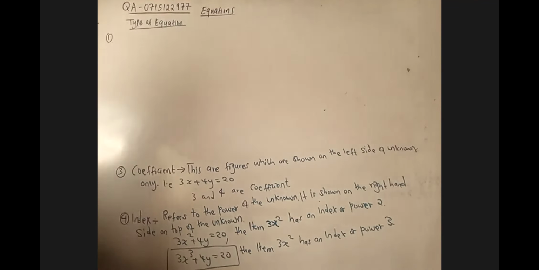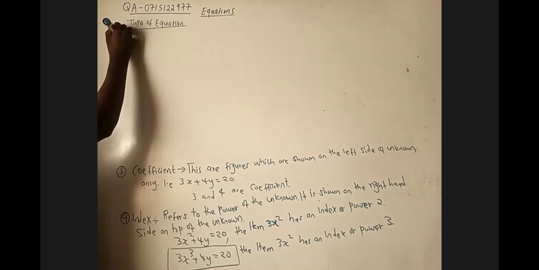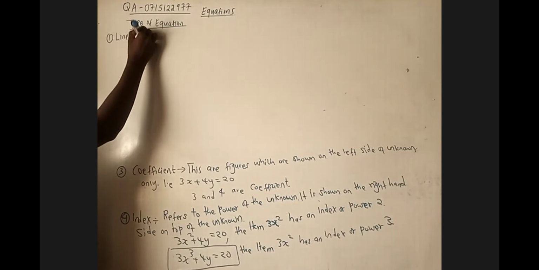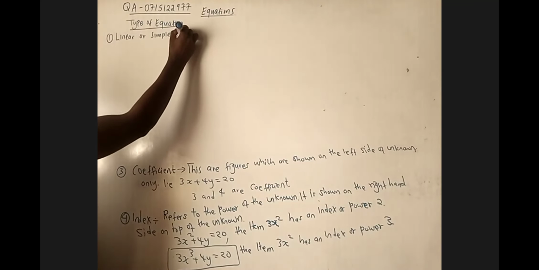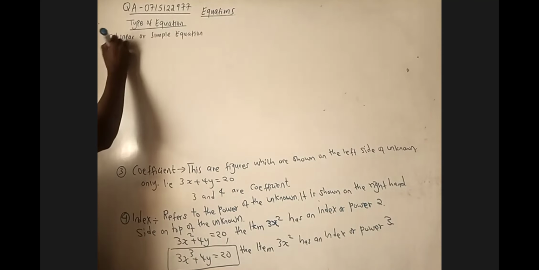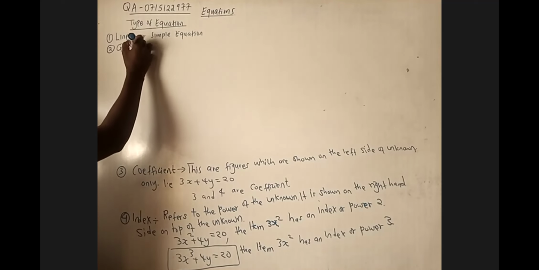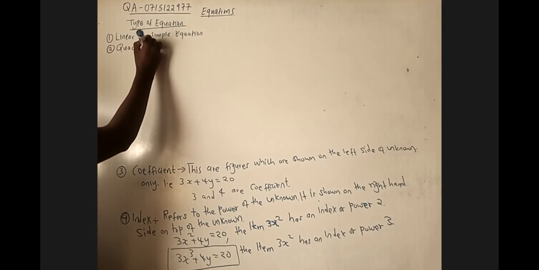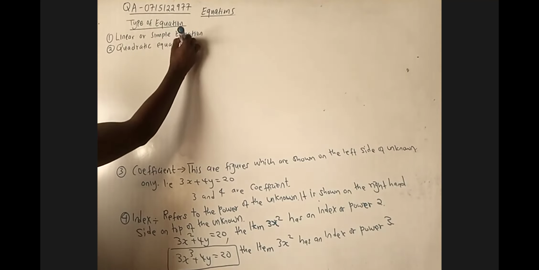We have 3 types of equations. Number 1, we have linear or simple equations. Number 2, we have quadratic equations.